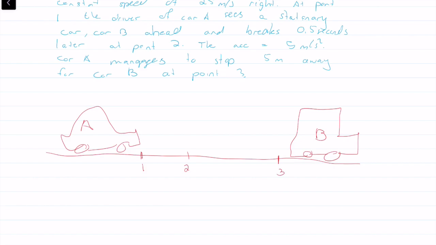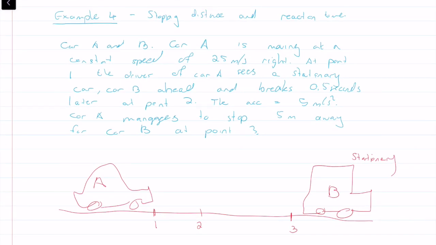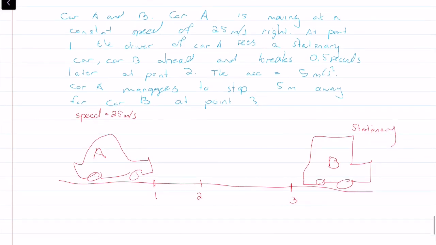We also know that car B is stationary. Car A is moving at a constant speed, so initially, speed is equal to 25 meters per second. At point 1, the driver sees the stationary car ahead and brakes. So at point 1, we apply the brakes, and it has a difference of 0.5 seconds.